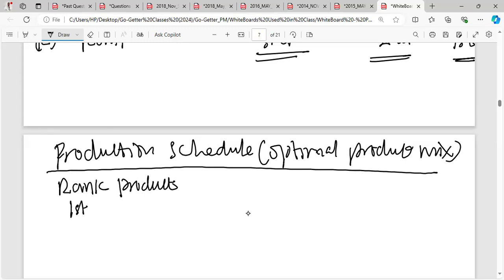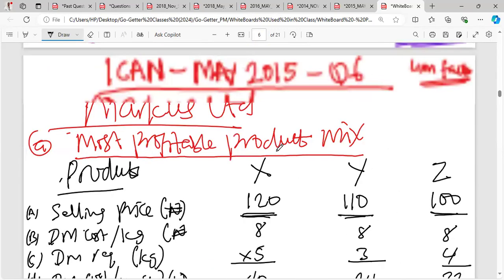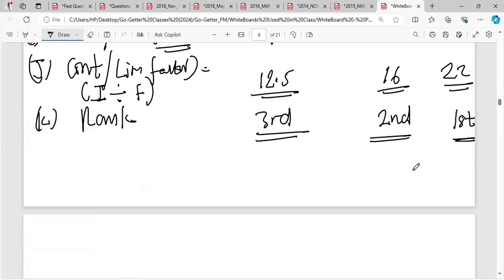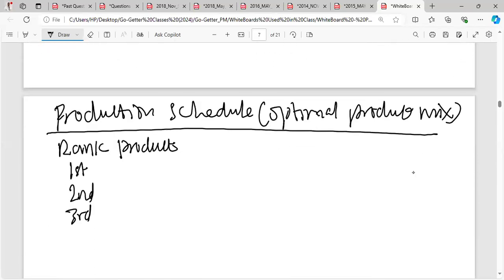This is first, second, and third. The product is supposed to be XYZ. Now this is ZYX, Z, Y, and X. Okay, so we will now need the units.